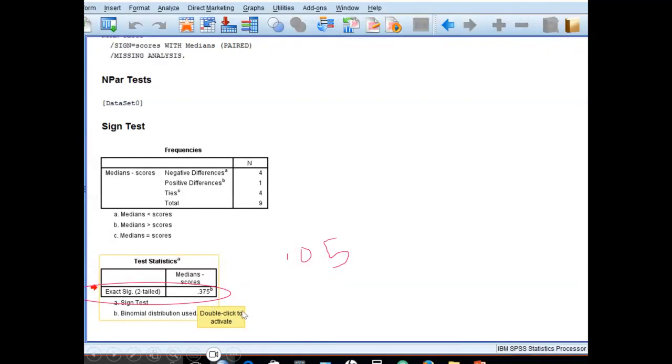Always remember that if the p-value is less than alpha, we reject. 0.375 is more than alpha, so we fail to reject.